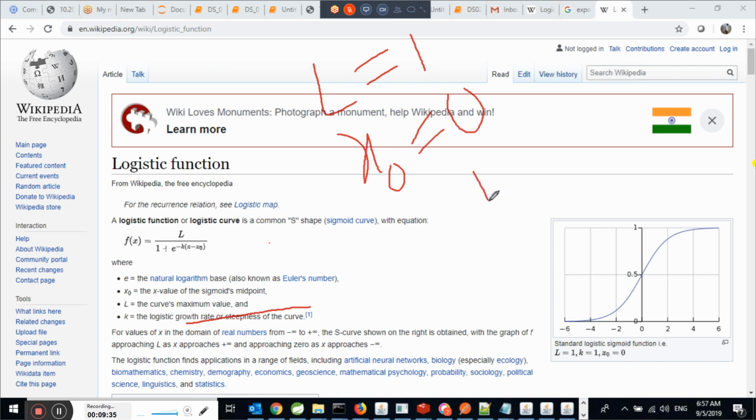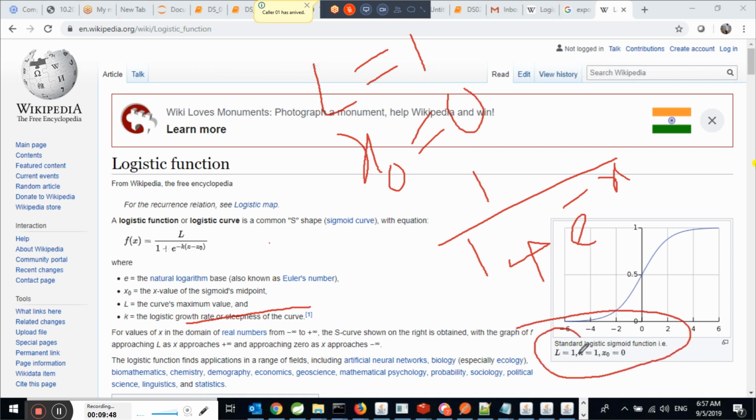After putting in these values, the formula will be 1 by 1 plus e power minus x. This is our sigmoid. You can see here, this is our standard logistic sigmoid function when you put L equals 1, k equals 1, and x naught equals 0.